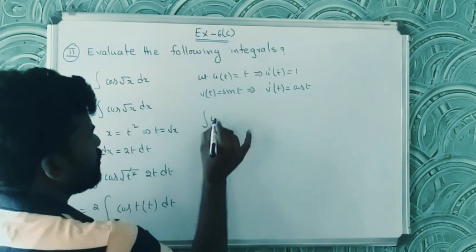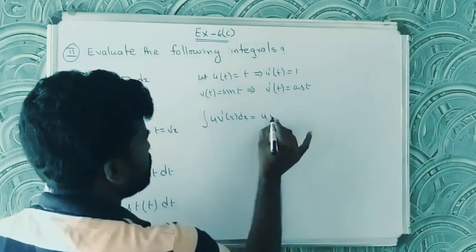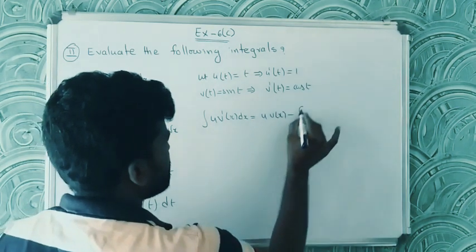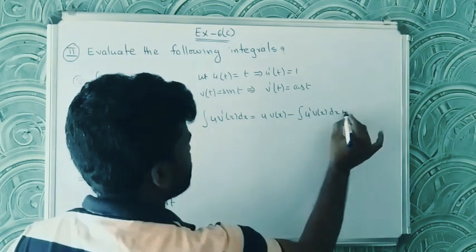So integration of u v dash of x dx is equal to u v of x minus integration of u dash into v of x dx plus c.